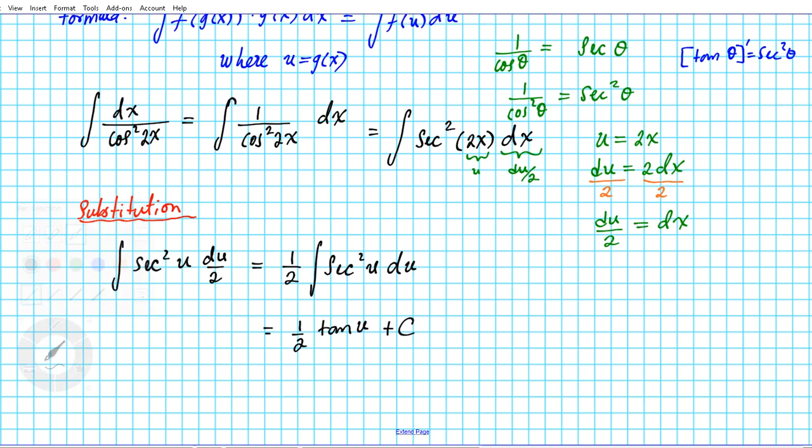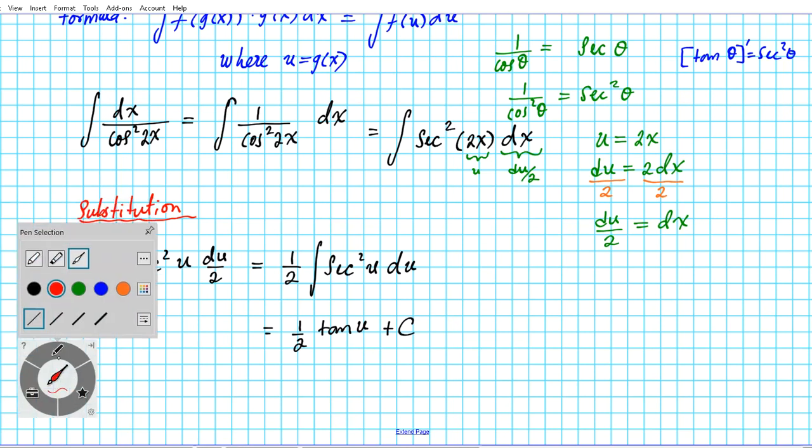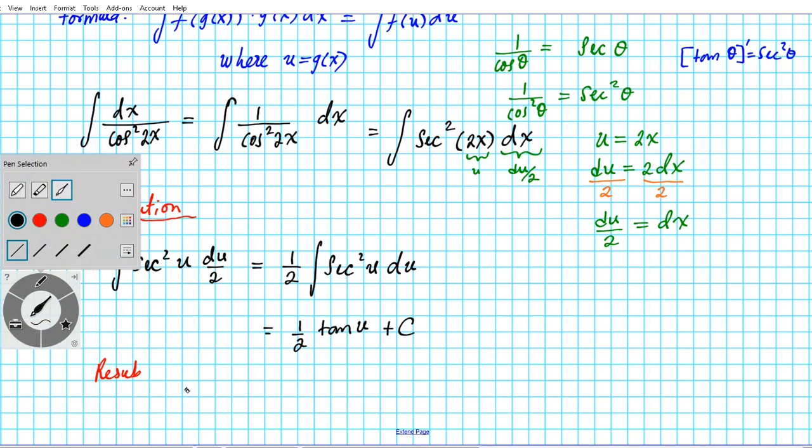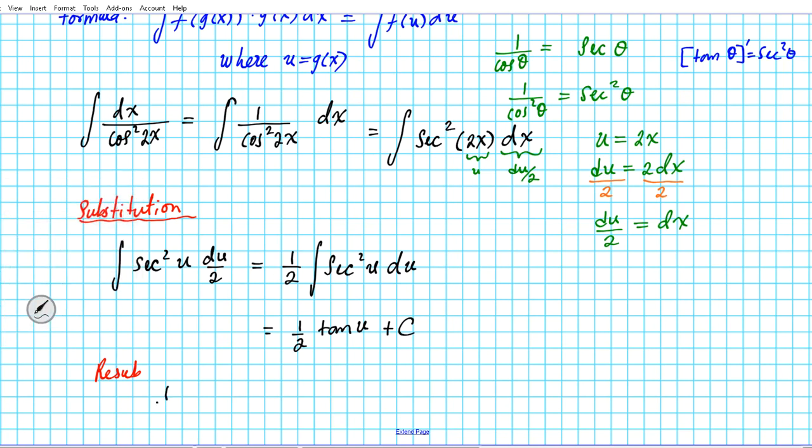Are we done? The answer is no. Whenever you substitute and integrate, you have to carry out your resub step. You have to resubstitute what you substituted out to enable your integration. So our substitution was u equals 2x. Now we are going to have to resub. What does that look like? The answer that we got was 1/2 tan u plus c.